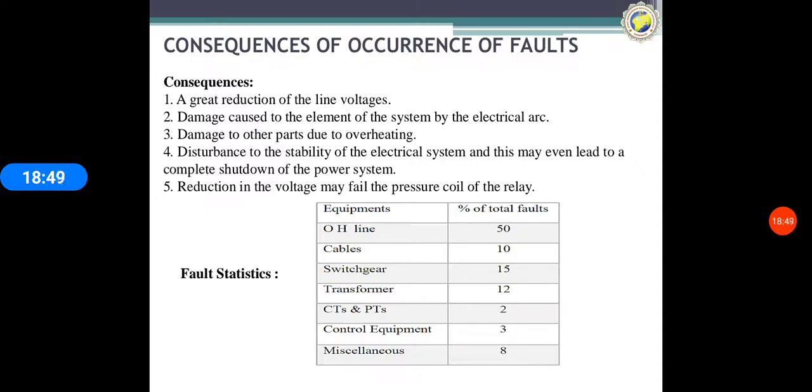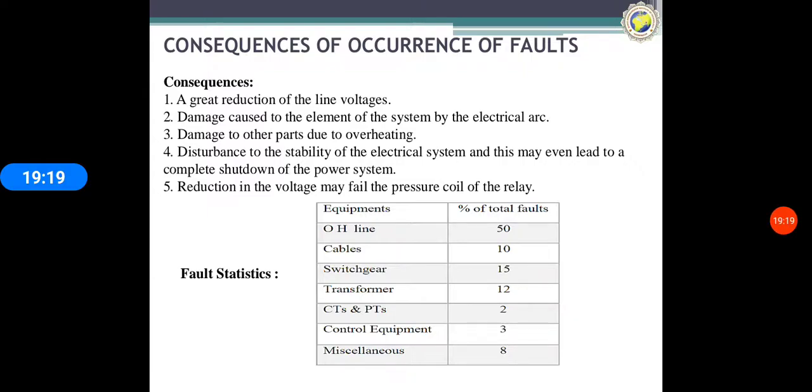The cables, meaning breakdown or cracks of the cables, have only a 10 percent possibility of fault. Similarly, switchgear is 50%, transformer is 12%, CT and PT is 2%, control equipment is 3%, and other miscellaneous is 8%.